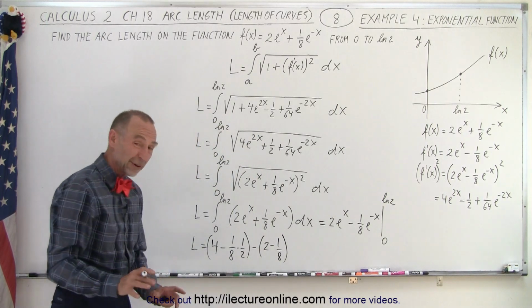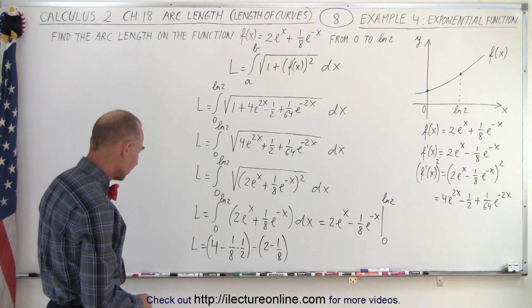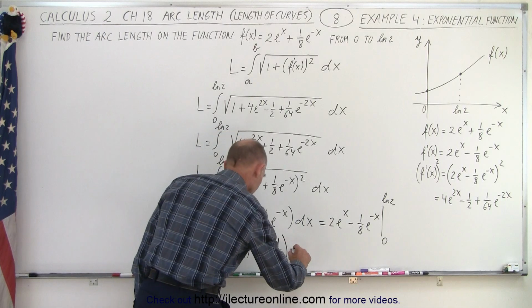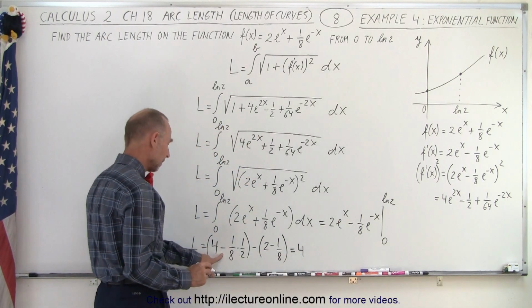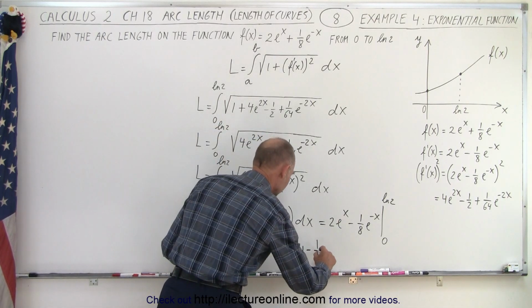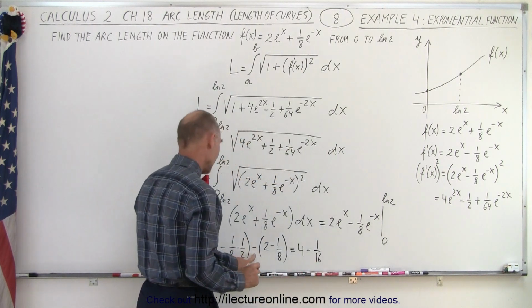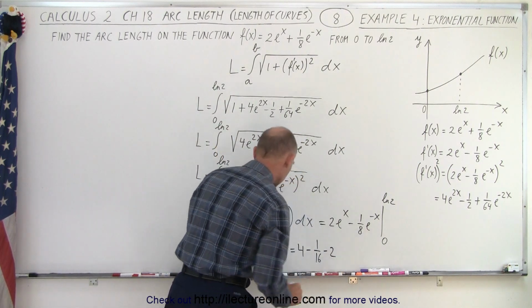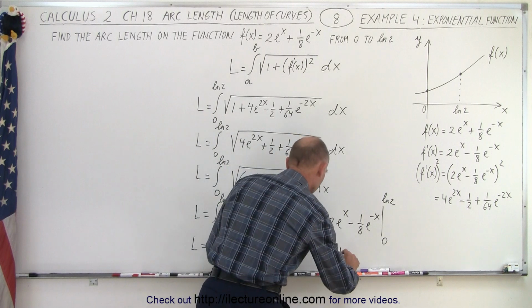All right, now we have to be very careful about the numbers and the signs. So we end up with, this is equal to 4 minus 1/16 minus 2, minus times the minus, it would be plus 1/8.